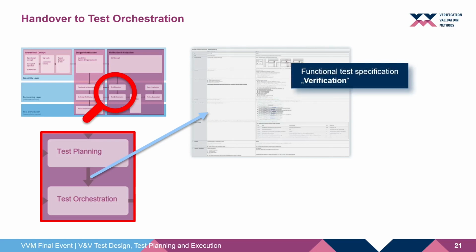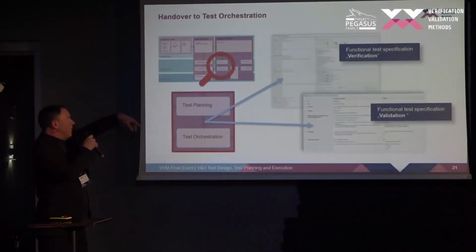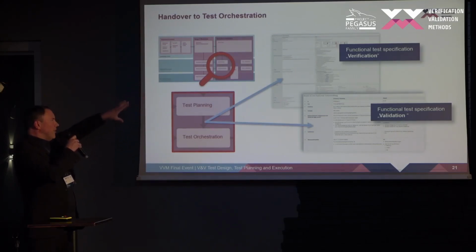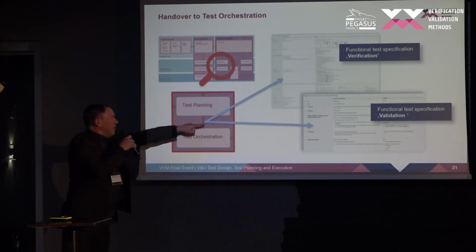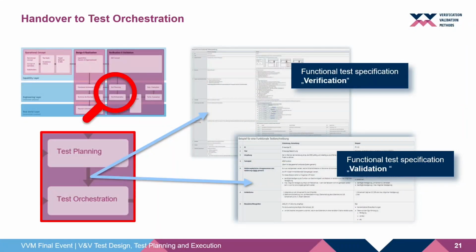So I'm almost at the end of my talk. I just want to summarize such that I say, we have been talking about this part of the assurance framework on the engineering layer. We have used the system design on a functional level, as well as the test planning together in order to create now an input for the test orchestration, which will be part of the next talk by my colleague Martin Dörr.